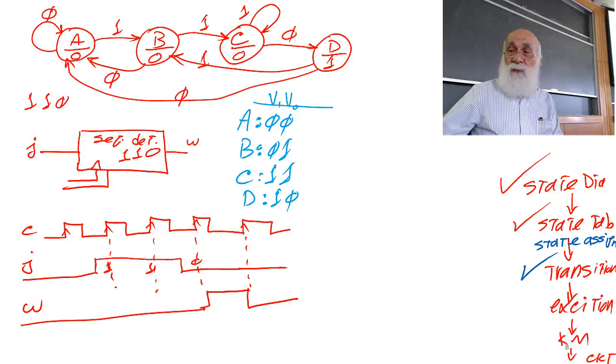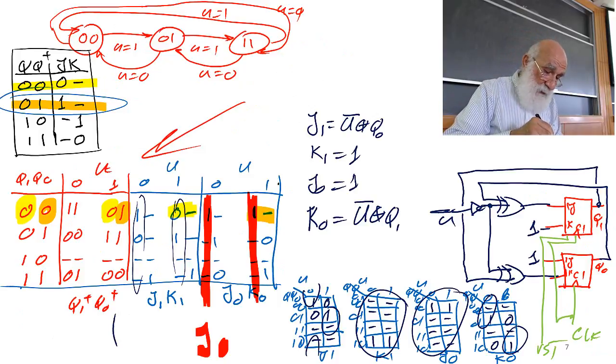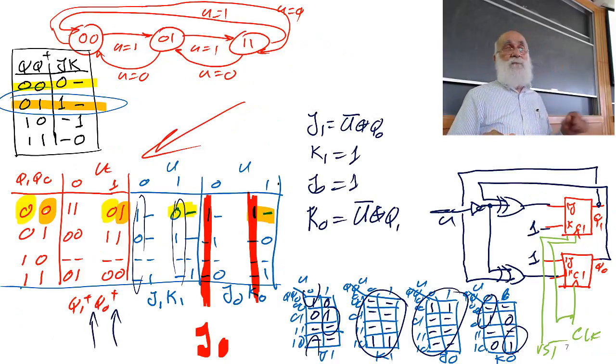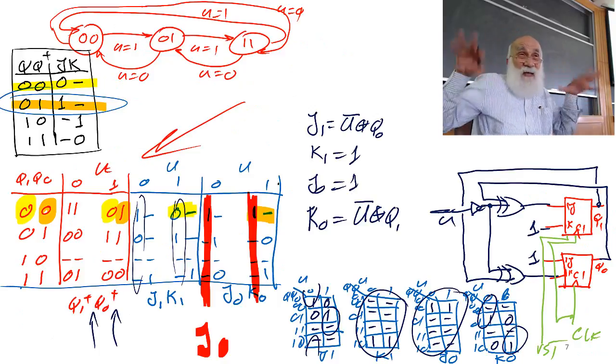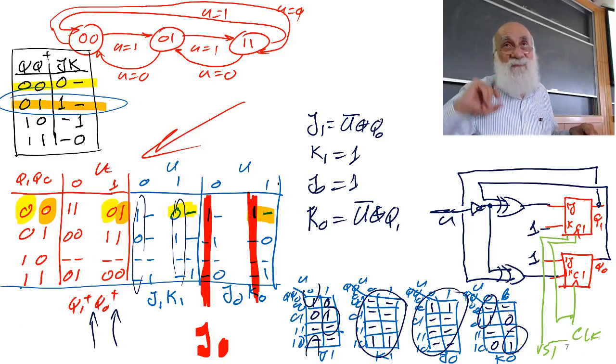The next thing I want to do is to remove these pluses here. The pluses mean timing. My Karnaugh maps don't have timing. To remove these pluses, I have to decide on the type of flip-flop.